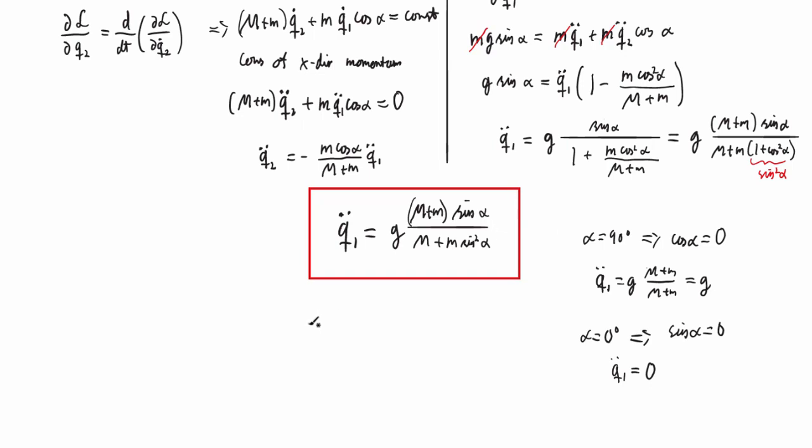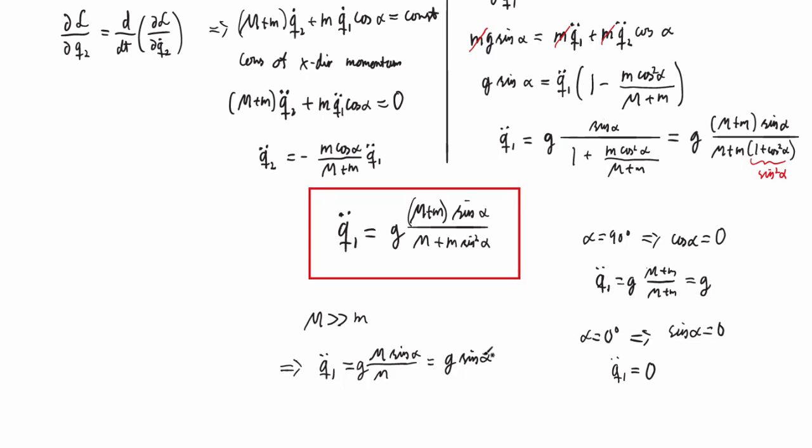Third thing I'm going to try is M enormously much bigger than little m, which should mean that the wedge is essentially stationary. So in that case, little m can be ignored here, and I would just get that Q1 double dot equals M sine alpha divided by M with a g in front. So that's equal to g sine alpha.